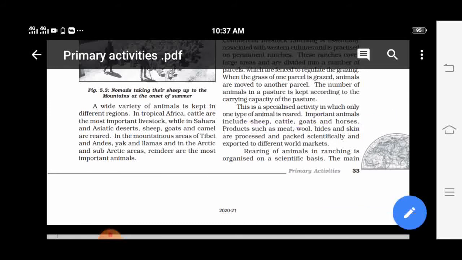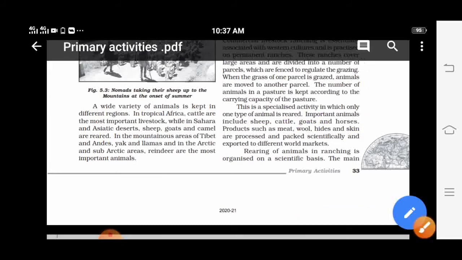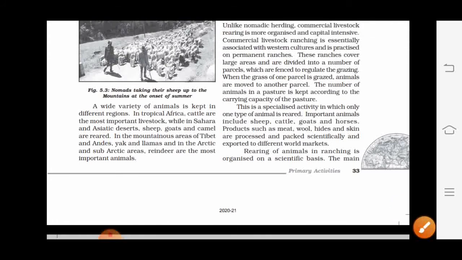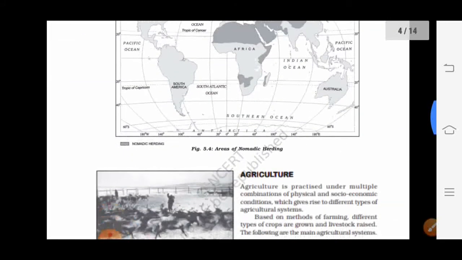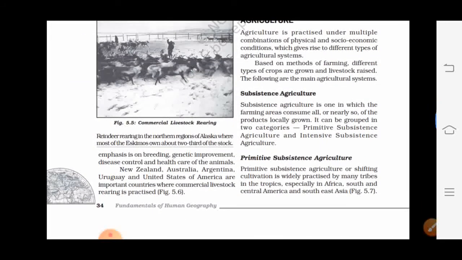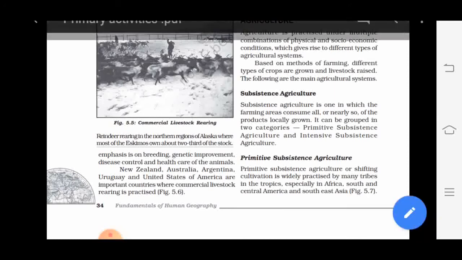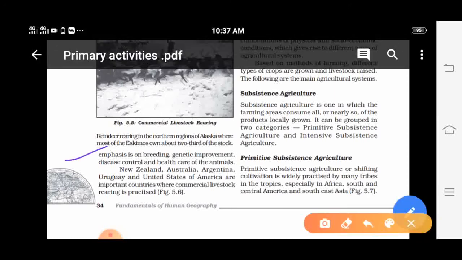Now remember, in commercial livestock rearing, animals are kept on a very scientific basis. Scientific basis means important emphasis is given to the breeding, genetic improvement, disease control and health care of the animals.